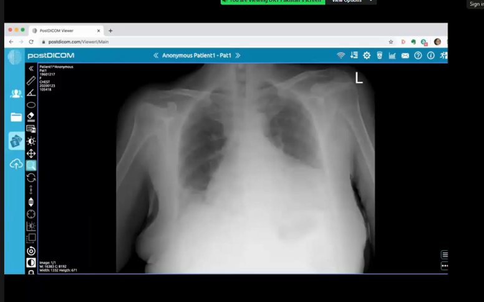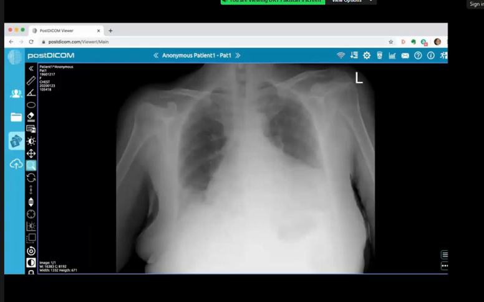Okay, so on this frontal chest radiograph for an adult female patient, there is an abnormality in the left hemithorax with a moderate to large volume left-sided pleural effusion. The right pleural space, I think, looks clear. There's possibly some consolidation or at least basal atelectasis at the right lower zone.